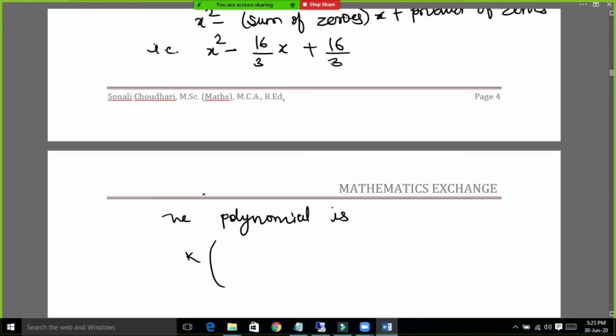So k into x square minus 16 by 3 into x plus 16 by 3.